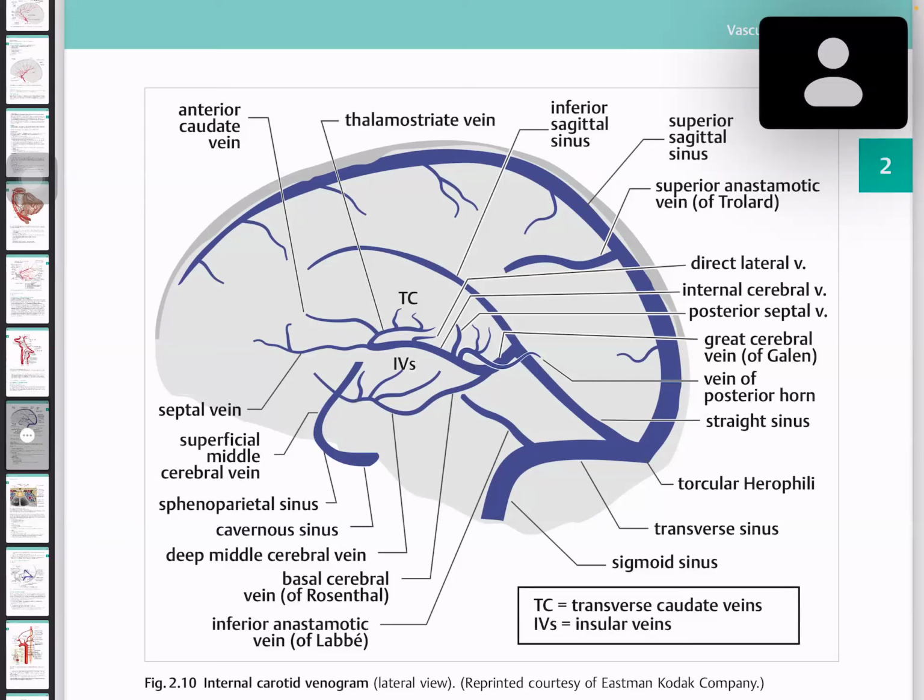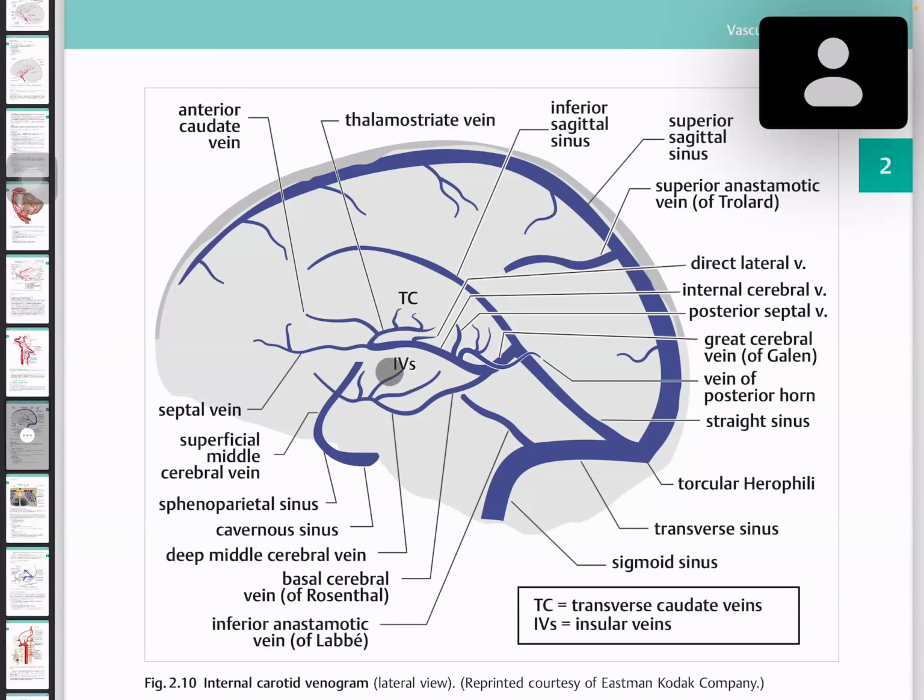Usually, when you go for a surgery and you expose the temporal lobe, you can clearly see that the surgeon will try as much as possible to preserve these anastomotic veins. This is because these veins help in linking deep-seated veins with the superior sagittal sinus.